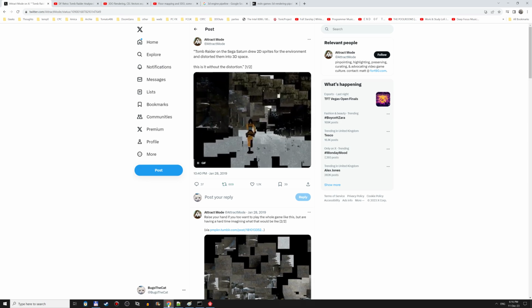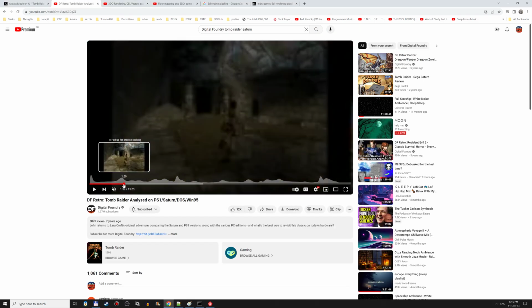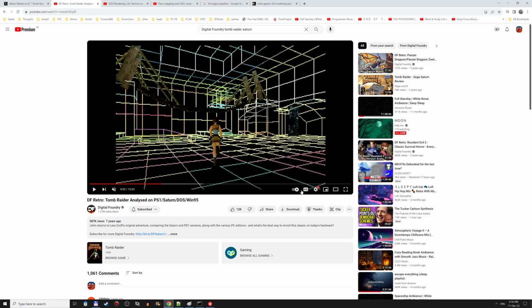But that's not it. I'm repeating, there is already a 3D engine here. You see the wireframe. You just have to cover this polygon that is now stretched. It's not in its original square form.